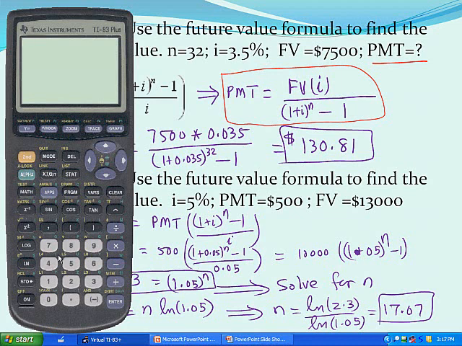We multiply 7,500 with the per period interest rate, which is 3.5% or 0.035, divided with, now notice that the denominator contains more than one term, so we need to include that in a parenthesis. 1 plus 0.035 to the power 32 minus 1, and then close the parenthesis for the denominator. So we get 130.81, again rounded to 2 decimals.